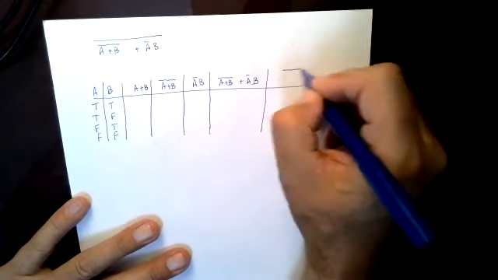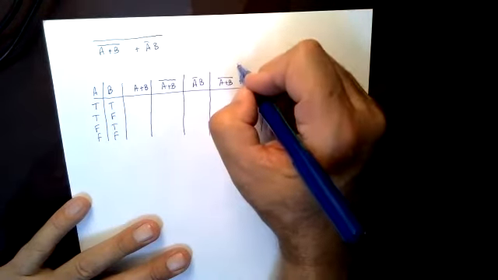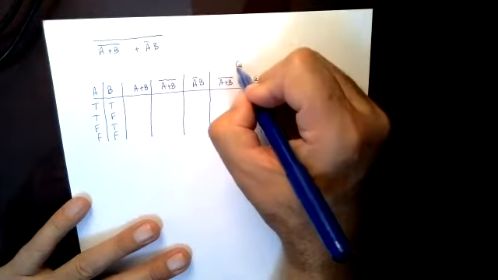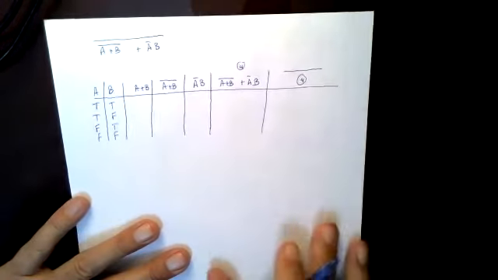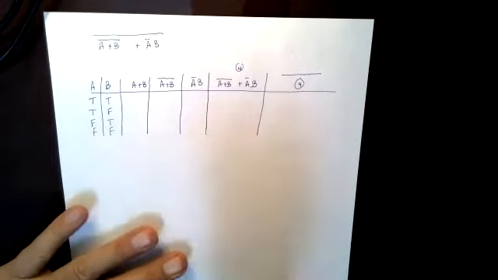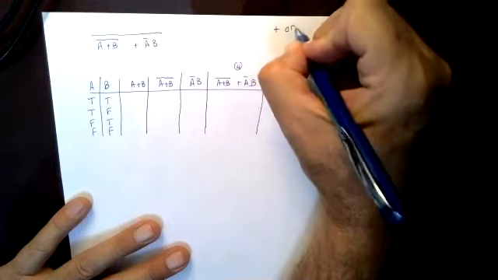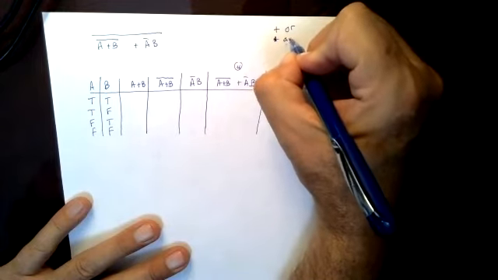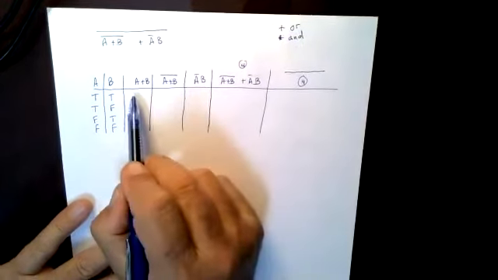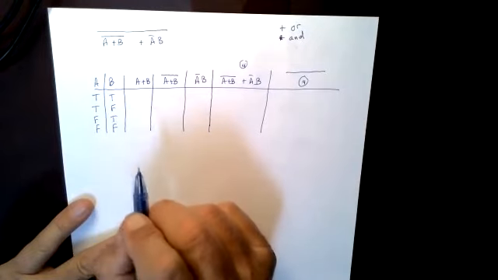And then finally, I'm going to not this column right here. Let's see, column 4, I'll call it. I'm going to not column 4. Okay, plus. Plus is or. So I want to or these. Or A's and B's. What do I get?